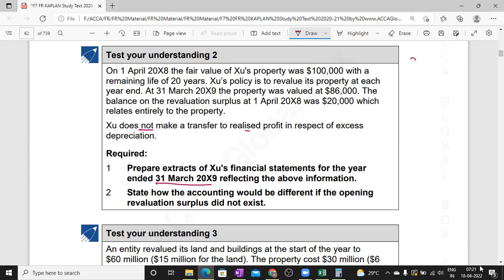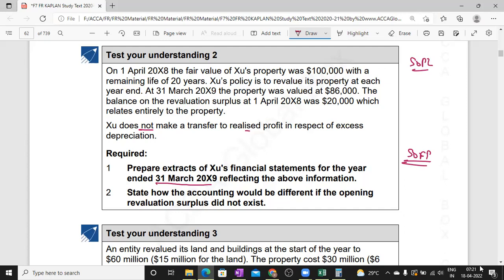So generally there are two statements: the statement of profit and loss and the statement of financial position. In the statement of profit and loss, we have to charge depreciation. And one more thing: any revaluation happening during the year is transferred to other comprehensive income, right?